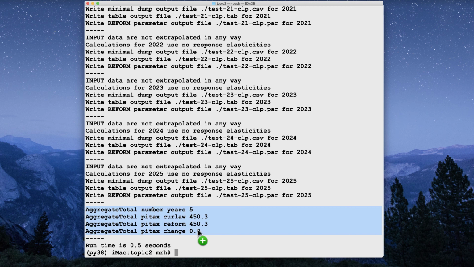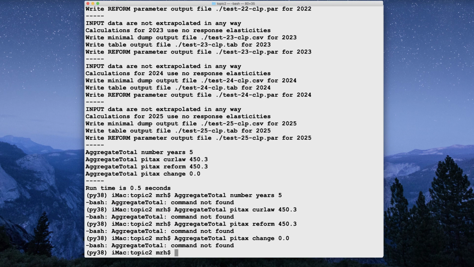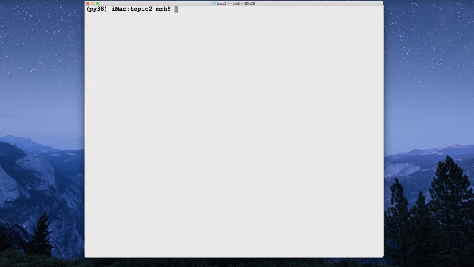We did current law policy, so there's no difference between the results for current law and the reform. Okay, so now we'll expand on this and get more practice at looking at the output and specifying the input files in subsequent videos.